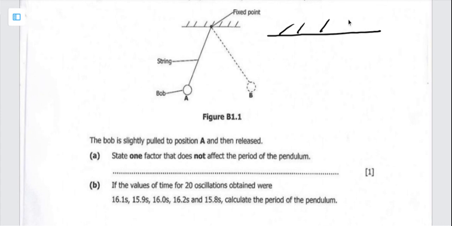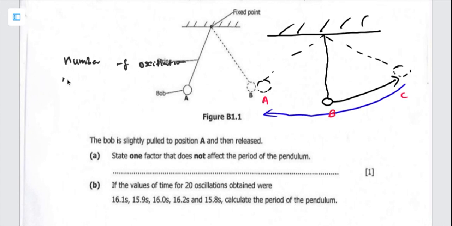The way you are going to count the number of oscillation is just very simple. You have to count the number of swings, moving from this position up to this position and coming back to the same position.